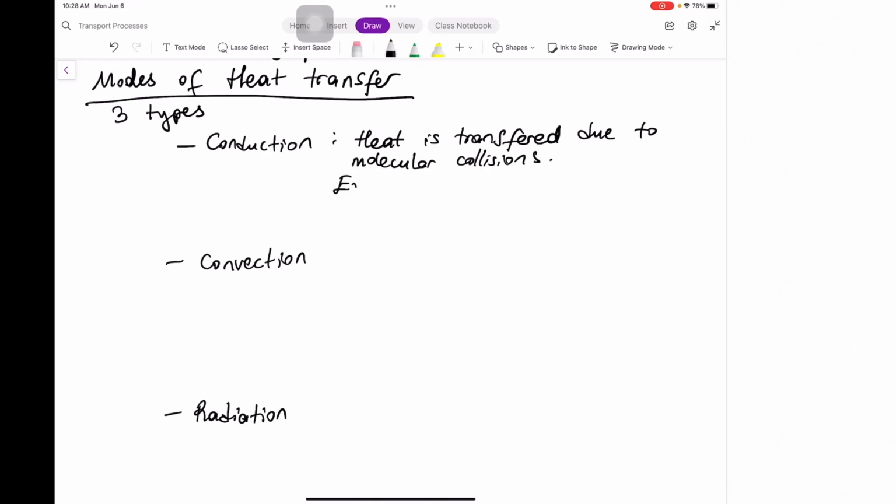Let me give you an example. Imagine that you have a metal bar here, and imagine that one side of it is kept at a hot end, and the other side is kept cold. Do you know which way the heat is going to be transferred? From the hot end to the cold end, or from the cold end to the hot end?